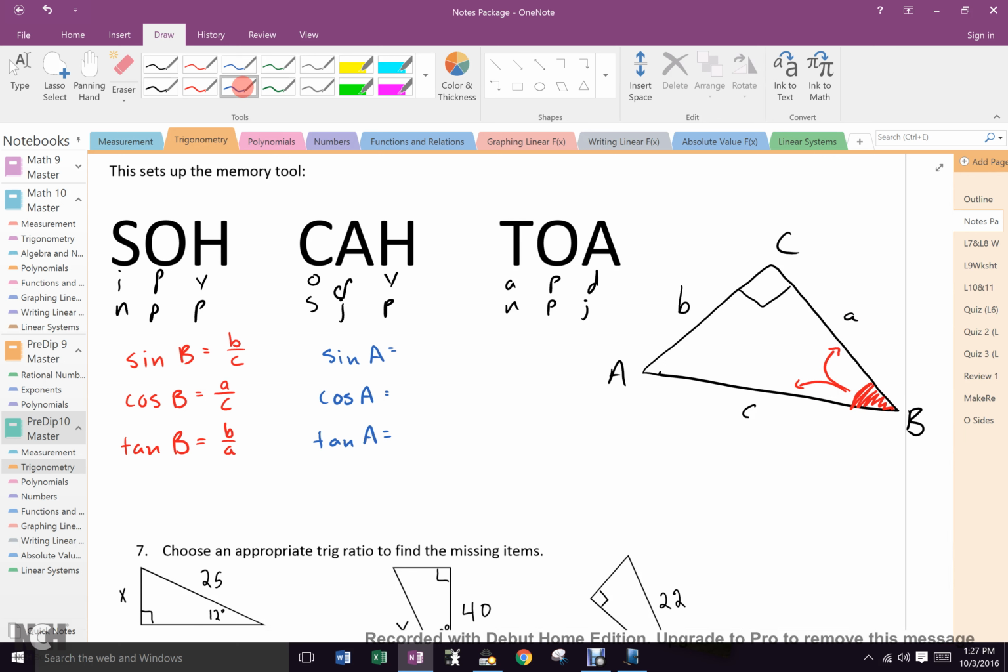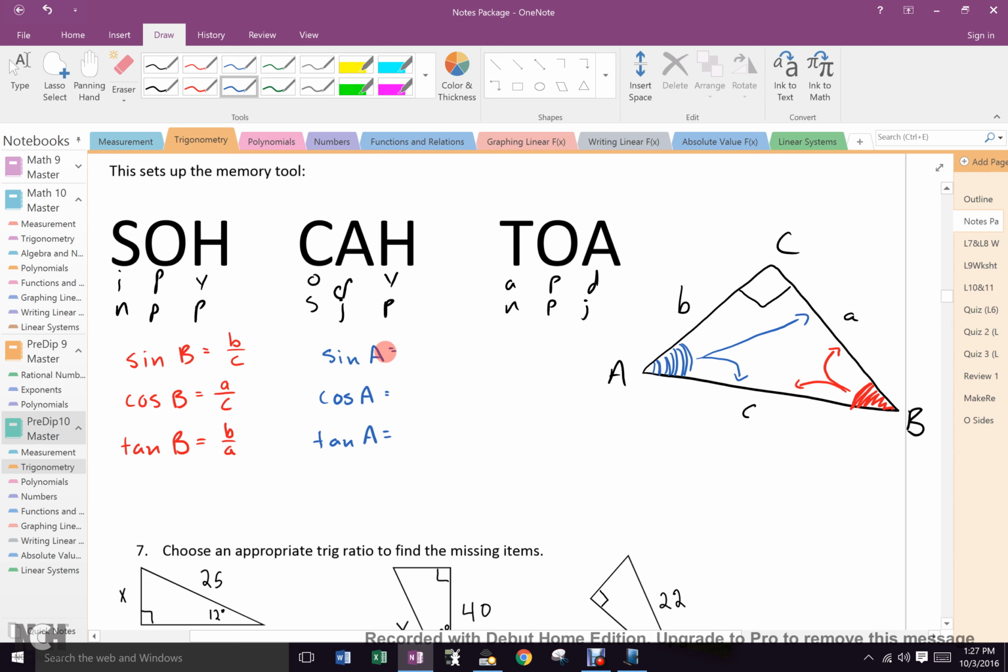Now, I wish to deal with angle A. So, am I in a different spot on the triangle? Yes. What are the two sides that change? Opposite and adjacent. Hypotenuse never changes. So now, it is still O over H, but hypotenuse never changes.